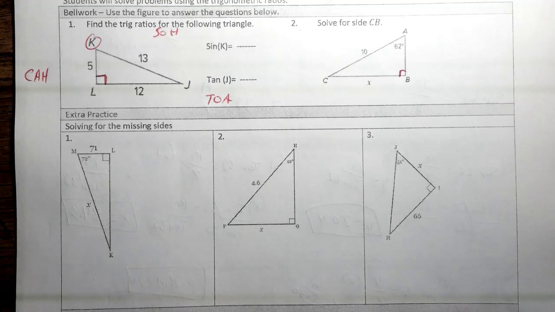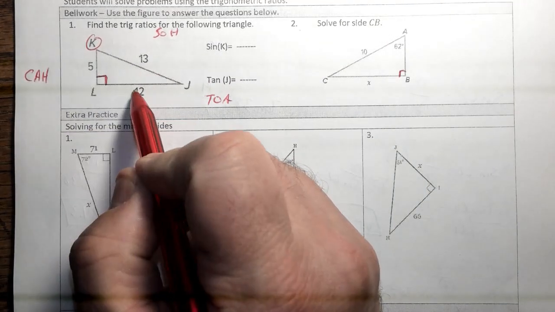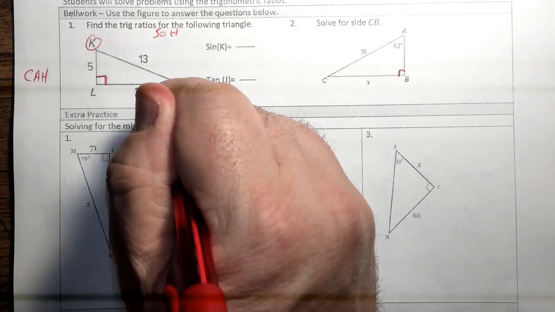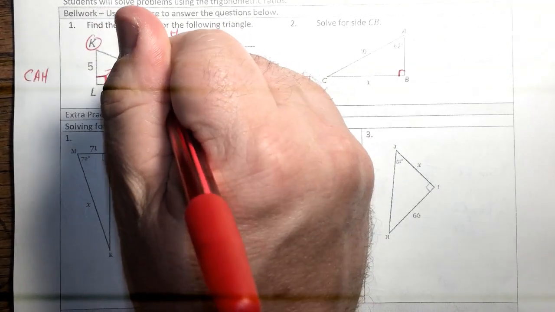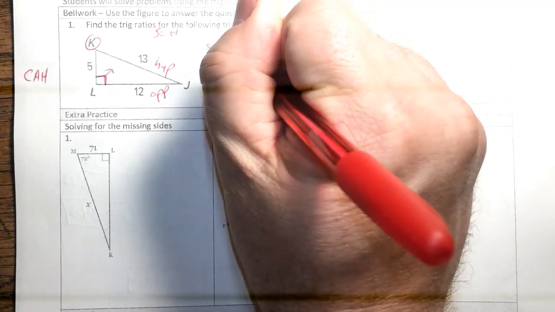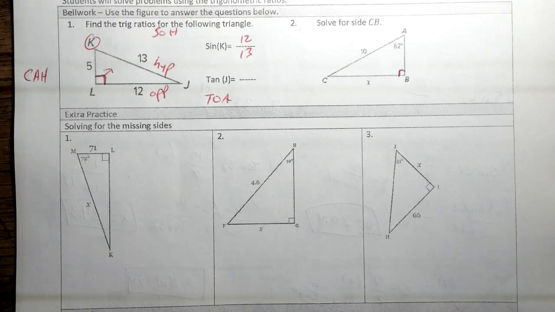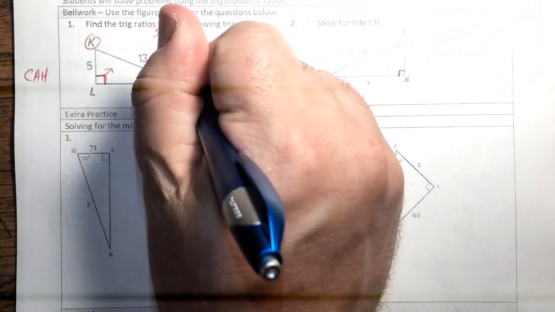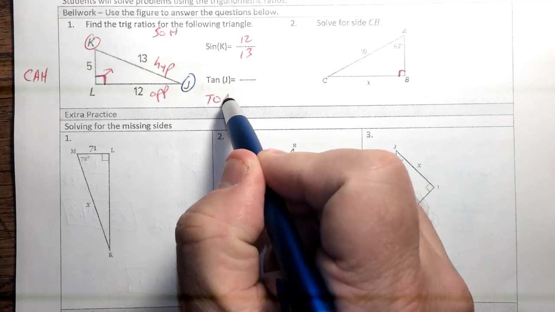All right, so for our sine for k, k is on the top, our opposite is the bottom. And the hypotenuse is always where the box from the 90-degree angle points. So opposite over hypotenuse, or 12 over 13 for the sine for k. Now, tangent for j. I'm going to do this in different colors. The tangent is the opposite over adjacent.